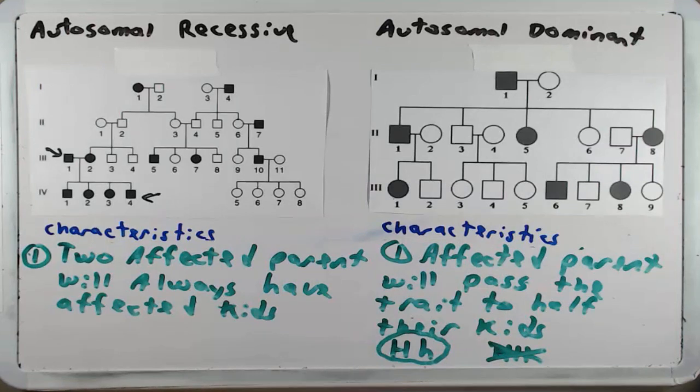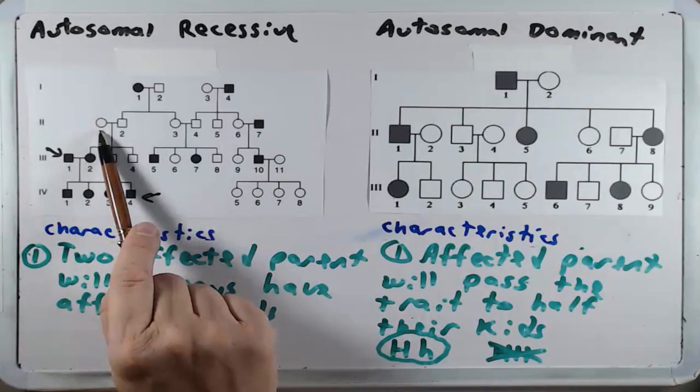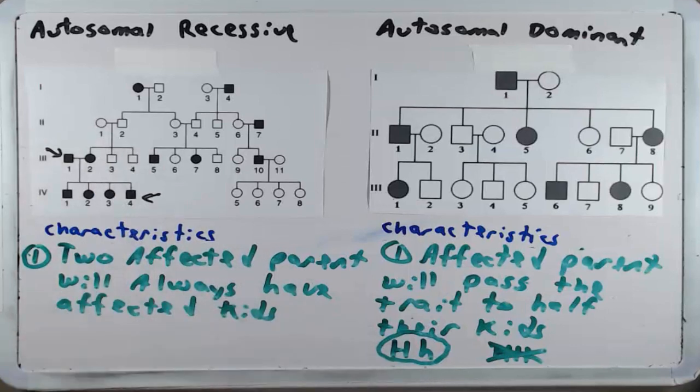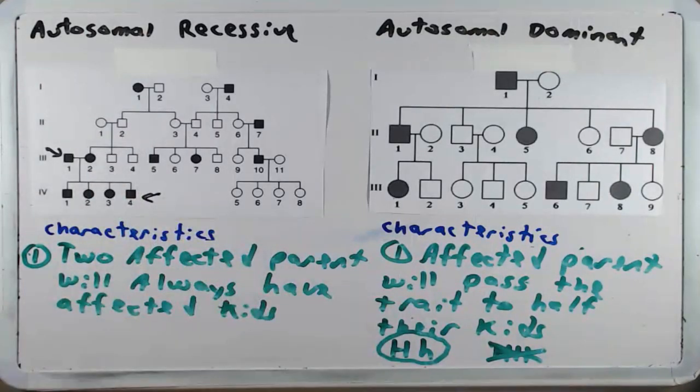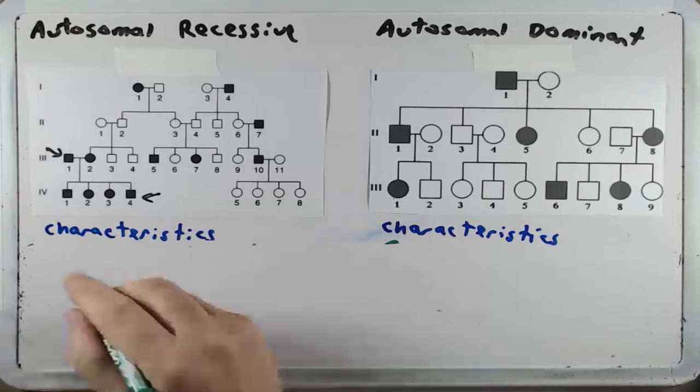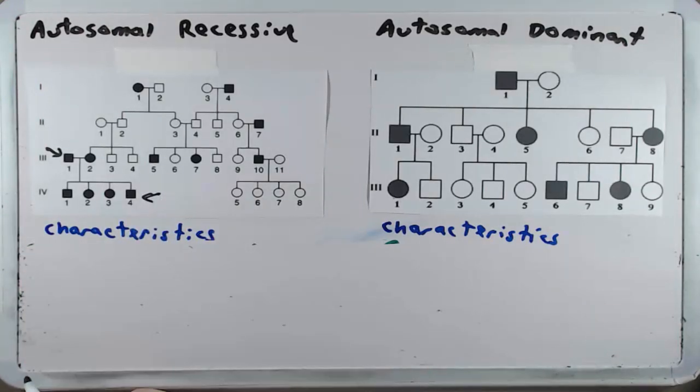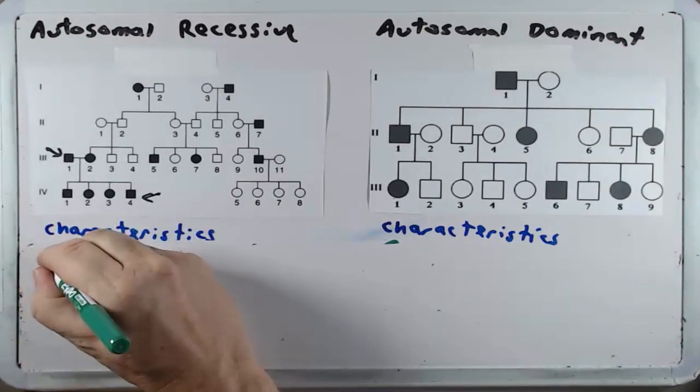Now remember, I mentioned that heterozygotes, if they are present in a pedigree, they're not always shown. So for instance here, we know that both these parents have to be heterozygotes because they had an affected child. So don't be confused when you're looking at it and you don't see something half shaded in, because it doesn't always show it.